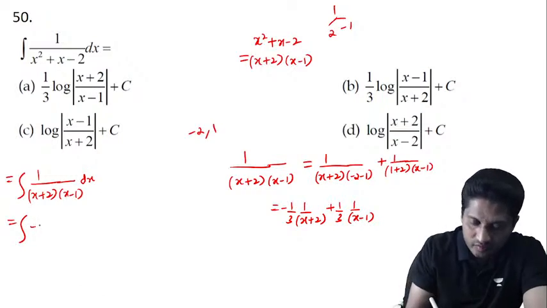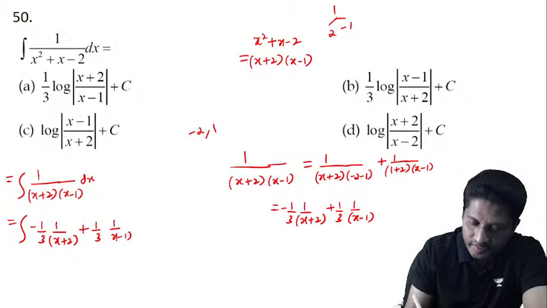So the integral is minus 1 by 3, 1 divided by x plus 2, plus 1 by 3 and 1 divided by x minus 1 dx.